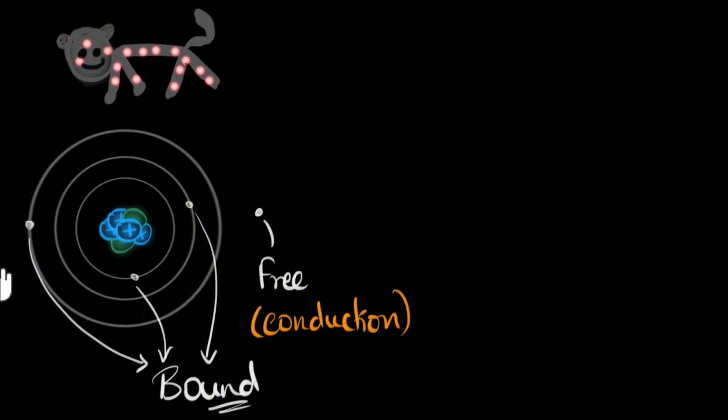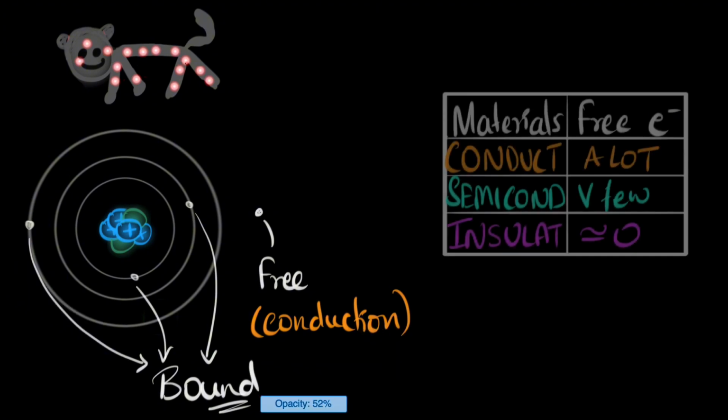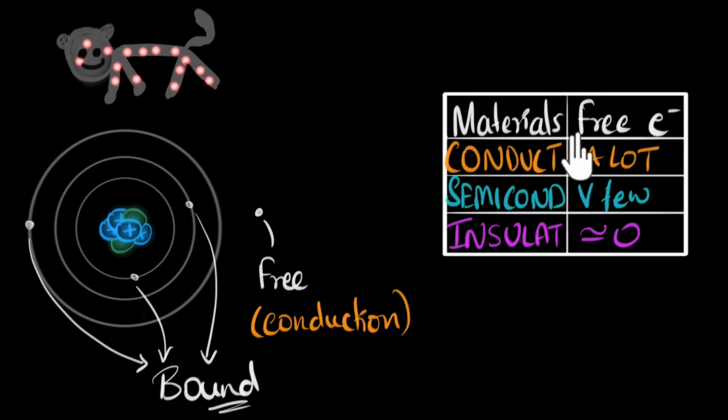In some materials, it's very easy to get these free electrons, and so they end up having a lot of them, and we call these materials good conductors or conductors. On the other hand, in some materials it's extremely difficult to get these free electrons, and as a result, you have an extremely negligible amount, and they are bad conductors or insulators. And of course, we have the intermediate ones, which we end up calling semiconductors.